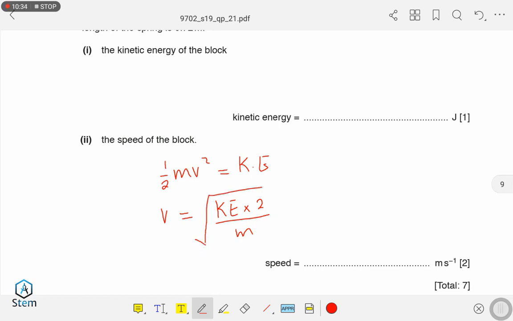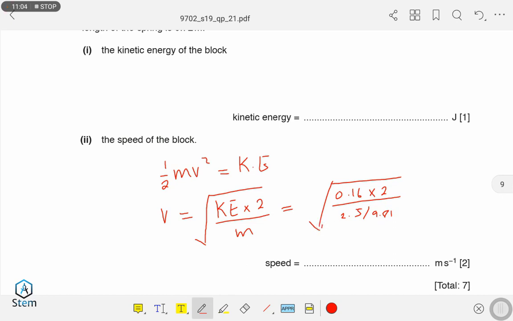I believe this is easy for you guys at AS level. Now we can say v is equal to, we substitute the data that we have. For KE, we have 0.16 multiplied by 2. For m, we know the weight, which is 2.5, and weight divided by g, which is 9.81.